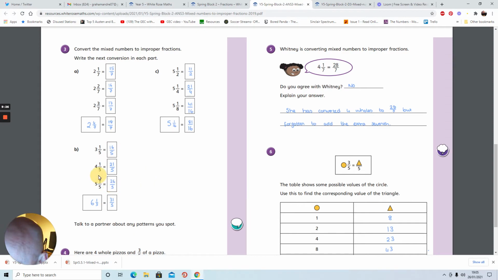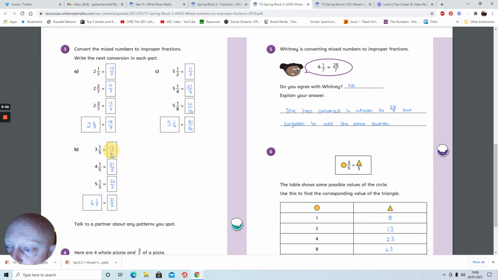Each time we're working with fifths, because the denominator shows us 5. You can actually put that in each box, a line with 5 underneath it, because you know that's the fraction we're working with. So 3 1/5 is the same as 16/5. Right, now we go down to this one, and we go, 4 5s are 20, add 1 is 21, that's 21/5.